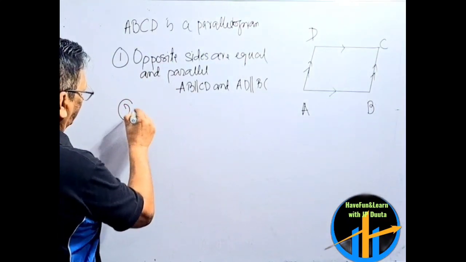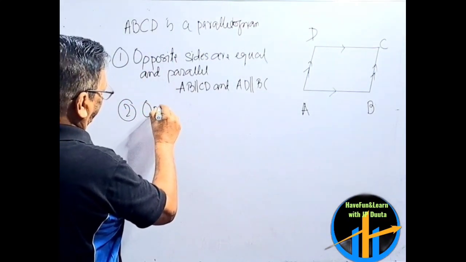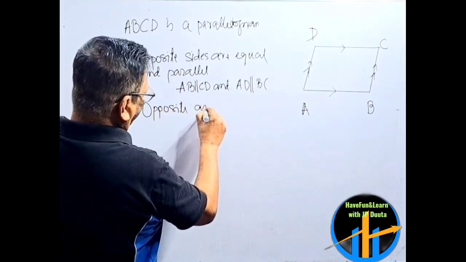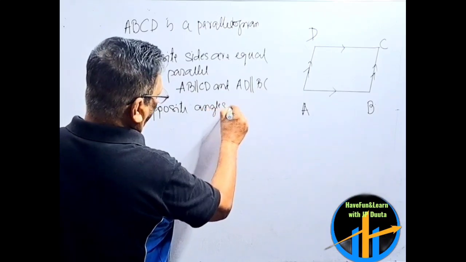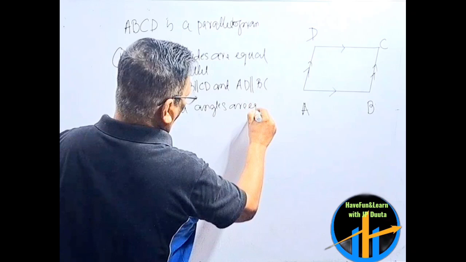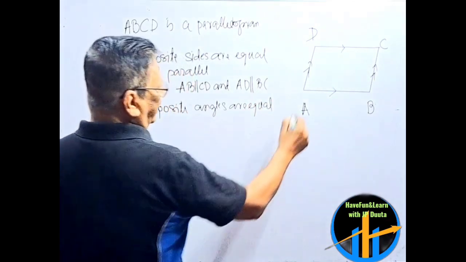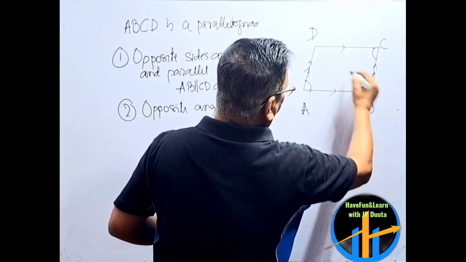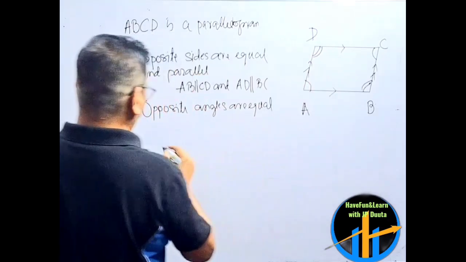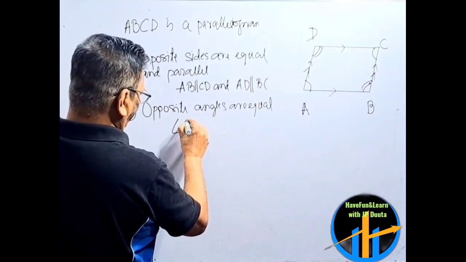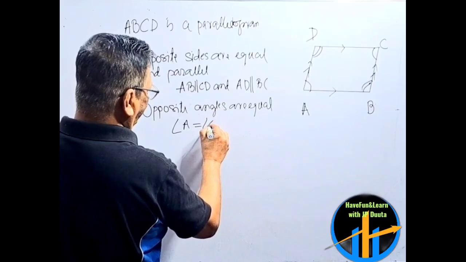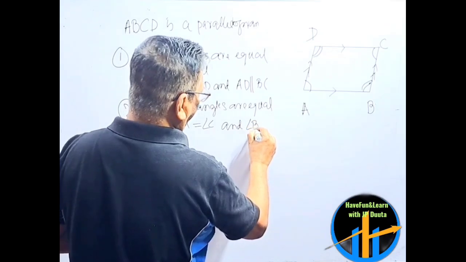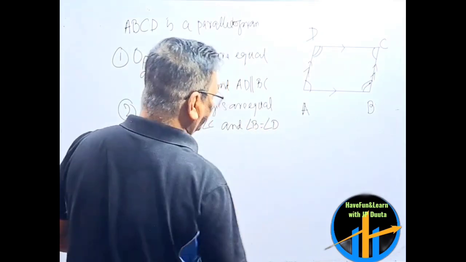Number two, opposite angles are equal, meaning thereby angle A and angle C, angle B and angle D are equal. Angle A is equal to angle C and angle B is equal to angle D.